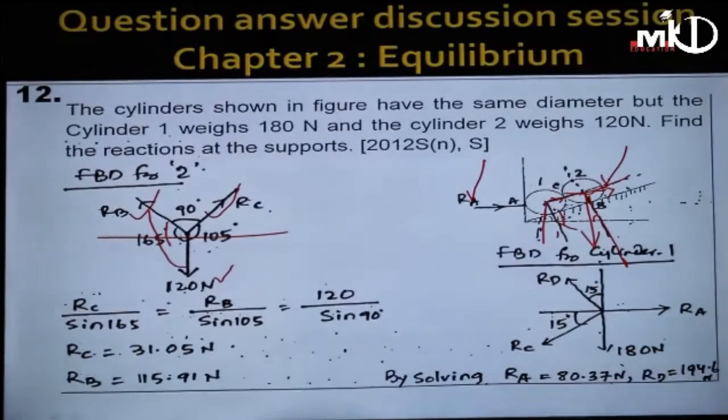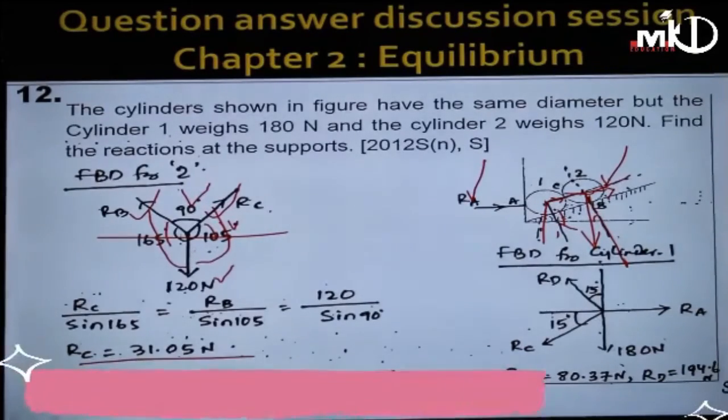So RC with horizontal is a 15 degree angle, already mentioned. So the total angle now becomes 90 plus 15, 105. So the rest will be 90. So now apply Lami's theorem. RC by opposite angle, RB by opposite angle, 120 by opposite angle, so that we get RC equal to 31.05 Newton and RB equal to 115.91 Newton.